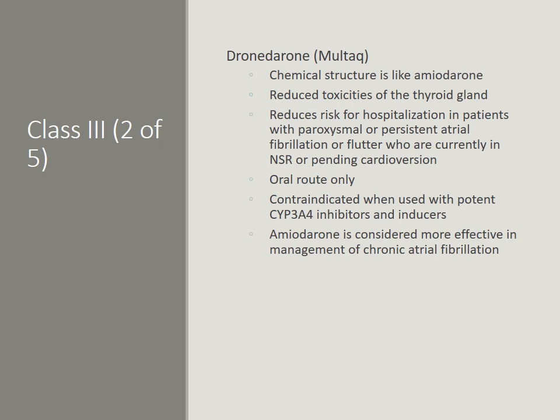Class 3. Multaq. Multaq has a chemical structure like amiodarone. It has reduced toxicities of the thyroid gland and reduces risk for hospitalization in patients with paroxysmal or persistent atrial fibrillation or flutter who are currently in normal sinus rhythm or pending cardioversion.